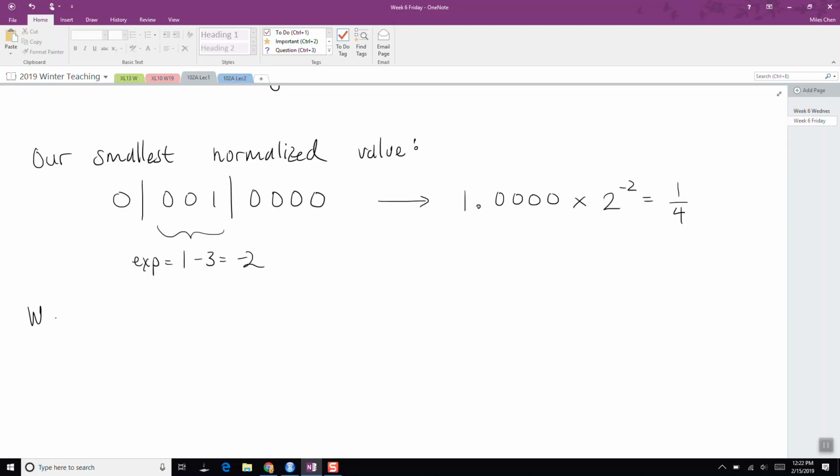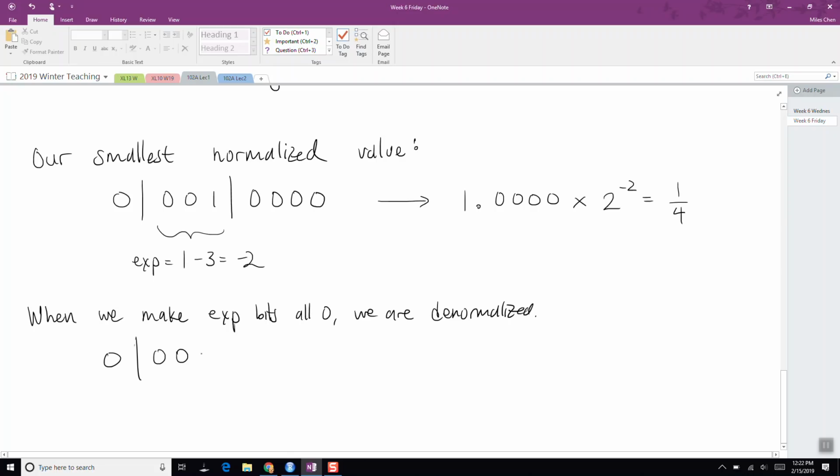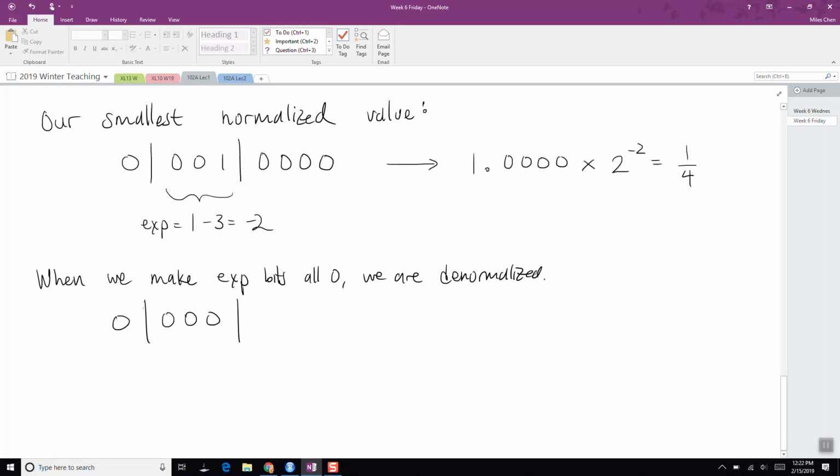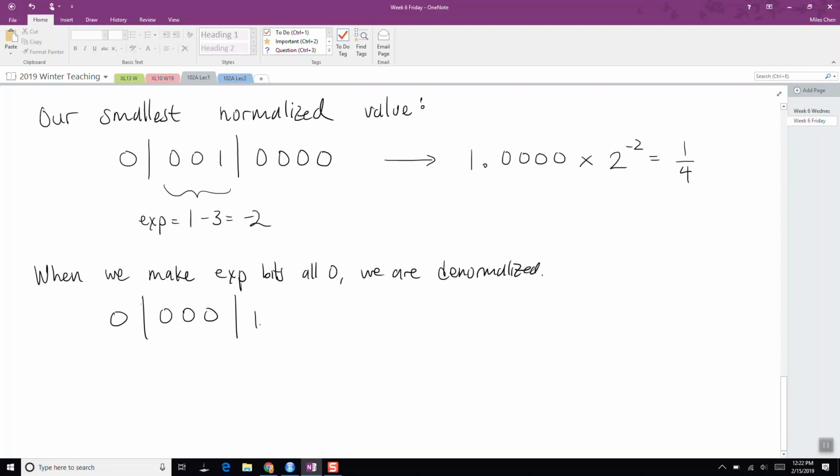And if I go into exponents are all 0, we're going to enter denormalized mode, okay? So when we make the exponent bits all 0, we are denormalized. Okay, and this is going to become 0, 0, 0, 0, and then over here maybe I'll want to put all 1s. This will be the largest denormalized value.